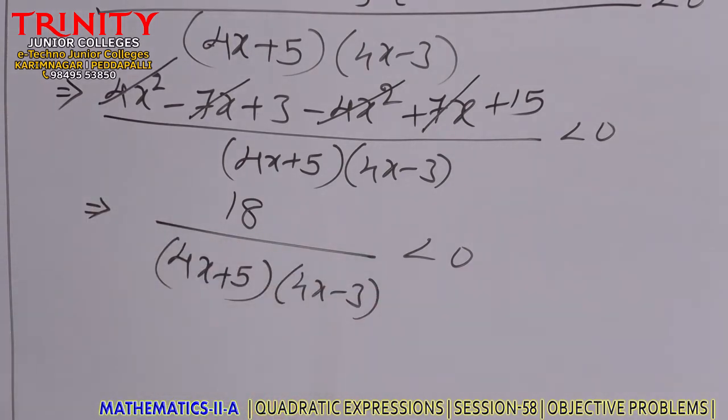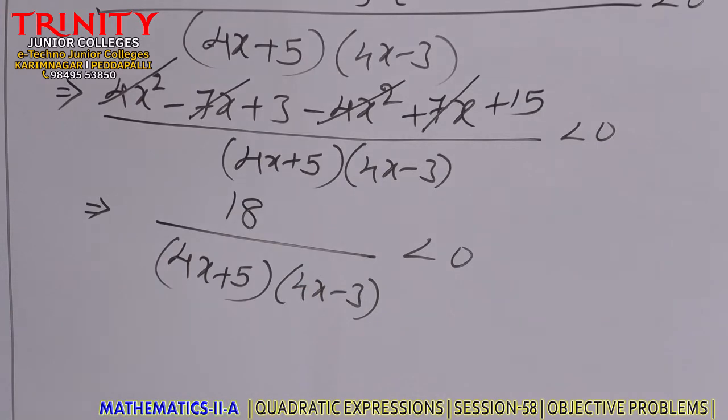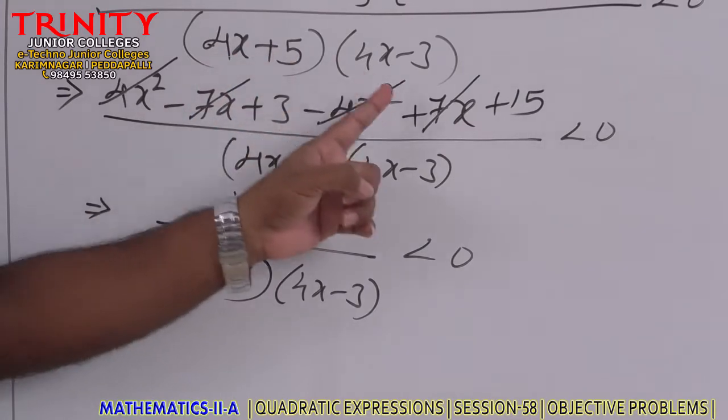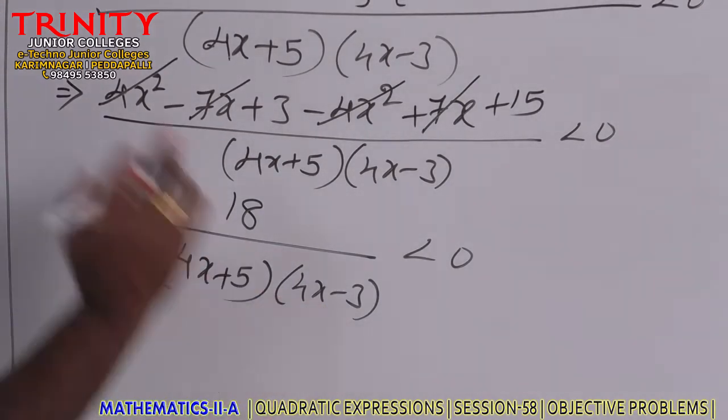Is that true? Is 18 less than 0? It is a contradiction. That's why don't multiply this. And don't simplify the denominator part either, because we would again have to go for factorization. It is a waste of our time, so don't multiply these factors.